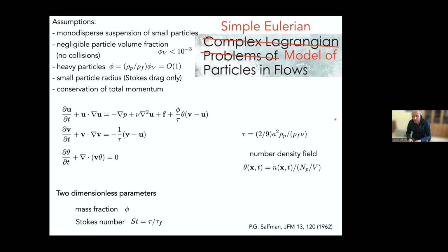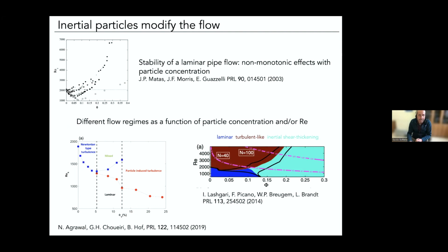Yes, you are absolutely right. The pipe flow is linearly stable, so our results have nothing to do with the pipe flow. The mechanism is completely different. I mentioned just the result of Guazzelli because they found a similar behavior in the particle concentration. I'm not sure now if this is mass or volume concentration, sorry, I don't remember.